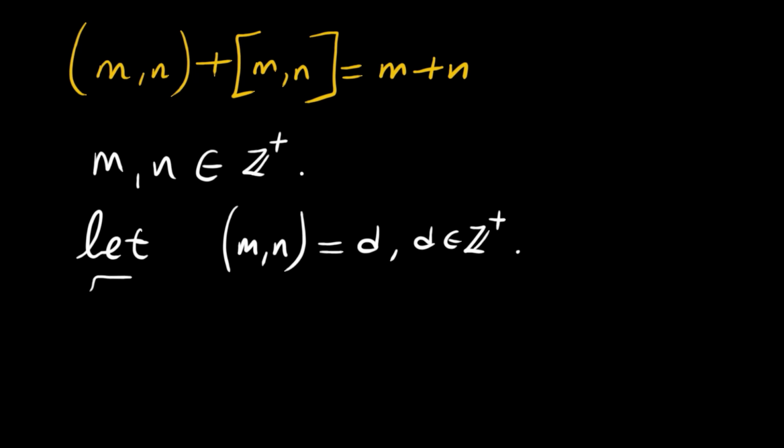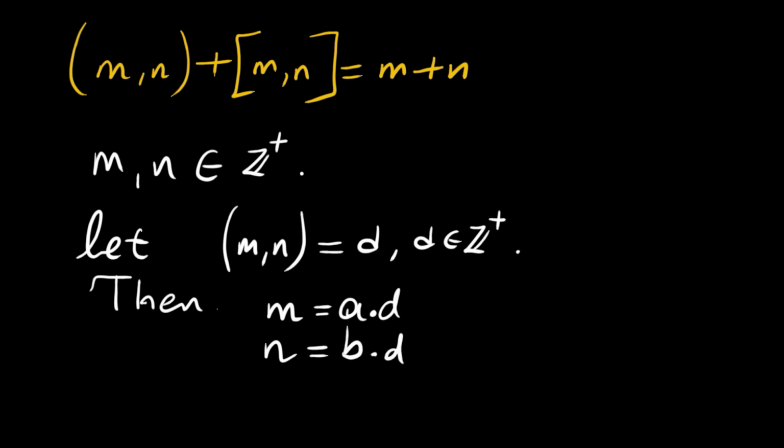Then m is equal to a times d and n is equal to b times d.